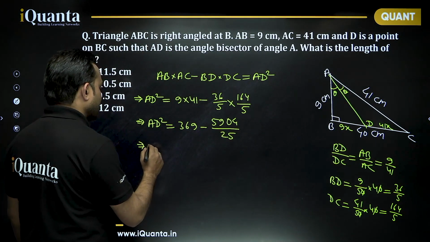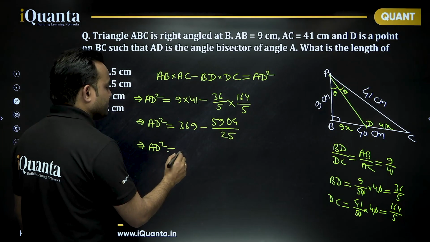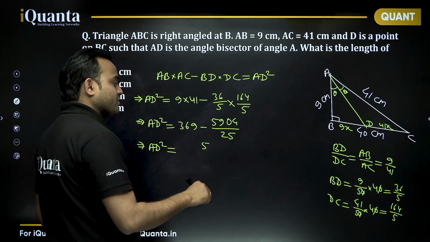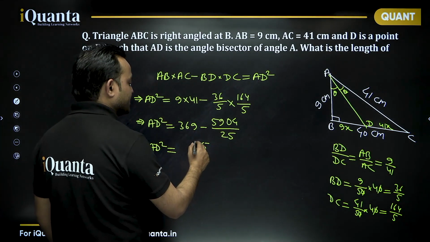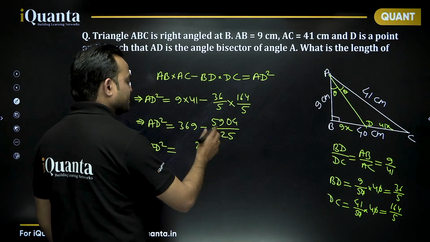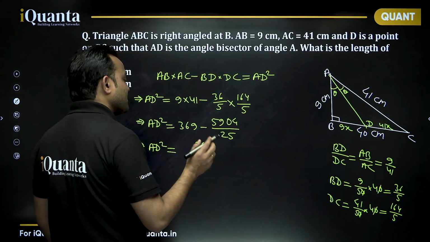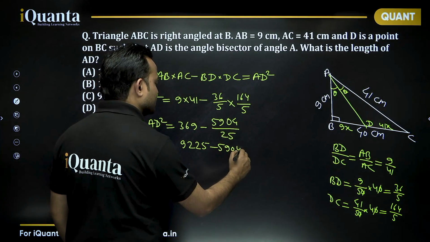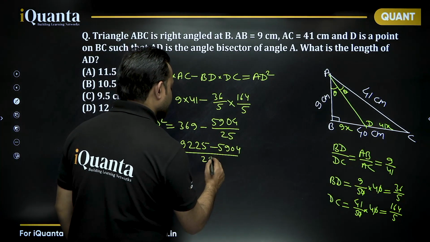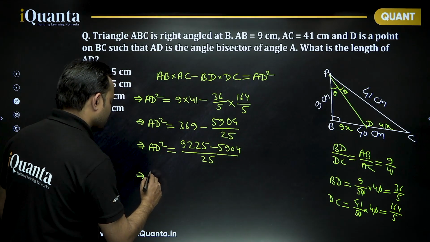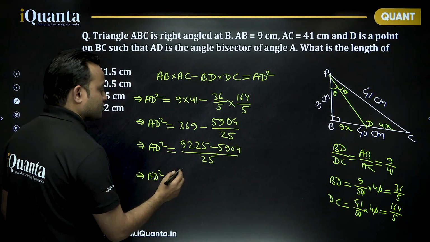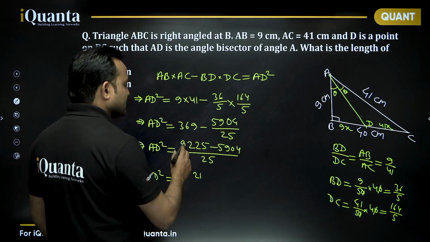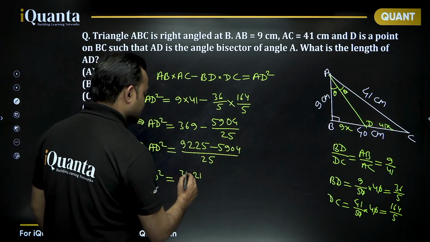Or AD square will be equal to 25 into 9 is 225, carry 22, 150 plus 22, 172, carry 17, 25 into 3, 75 plus 17 is 92, minus 5904 divided by 25. Or AD square is equal to, now subtract, this will be 25 minus 4 is 21, 92 minus 59 is 33, divided by 25.